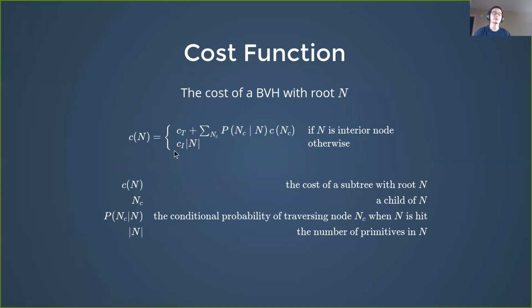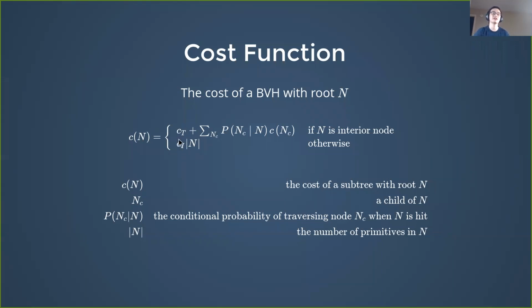We have two cases: either it's an interior node or a leaf node. If it is a leaf node, then the cost is some constant per primitive times the number of primitives inside this node.